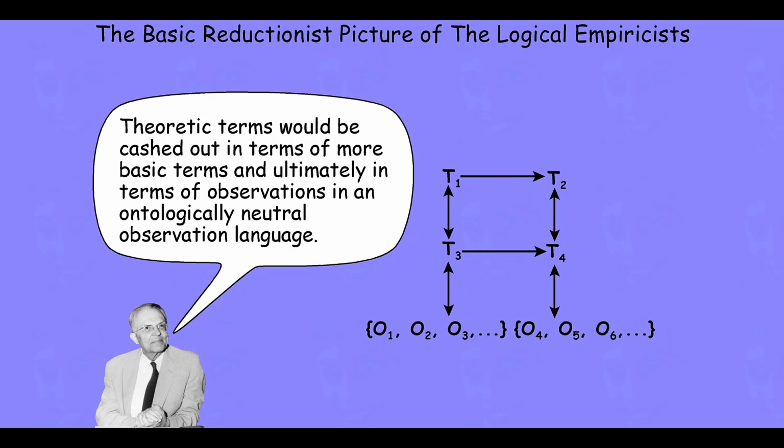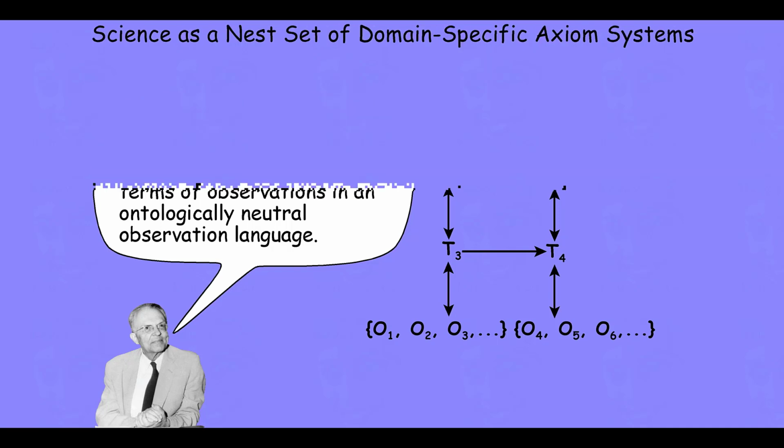Thus, for the logical empiricists, the epistemic structure of science is such that the certainty of immediate experience cast in ontologically neutral fashion, together with the certainty of rational intuition, is what translates up through the structure of science to give it its epistemic status at every level.